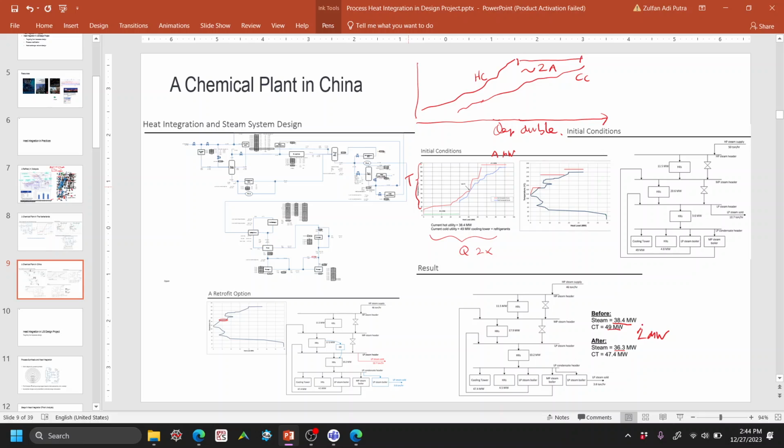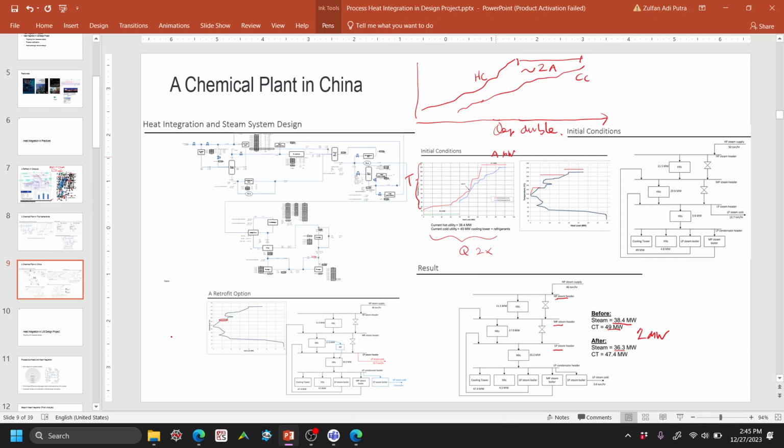But the prices of the steams are different, because there are 3 different headers for the steam: high pressure header, mid pressure header, and low pressure header. So at the time we could save quite a significant amount of money per year after this exercise.